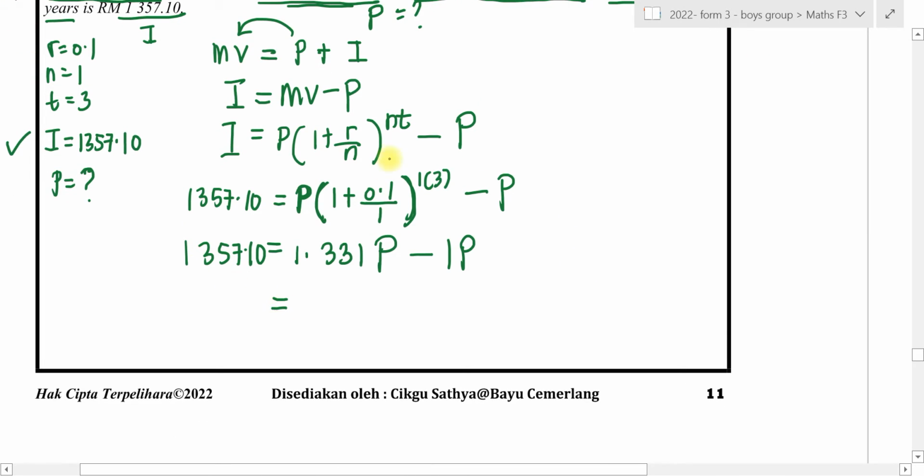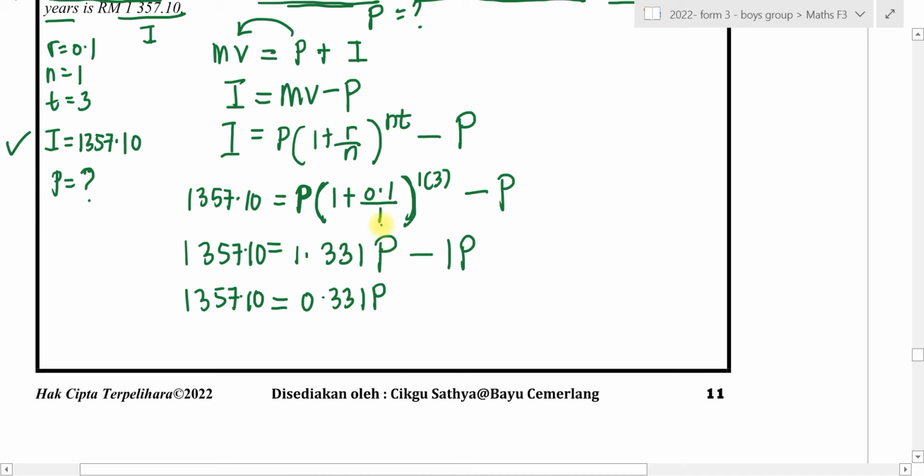It's like a normal algebraic question now. This one is in terms of P, this one also in terms of P, so you can do subtraction. So 1.331, you minus 1 in your calculator, you will get the answer 0.331. But don't forget, you still need to put the P, because this is in terms of P.